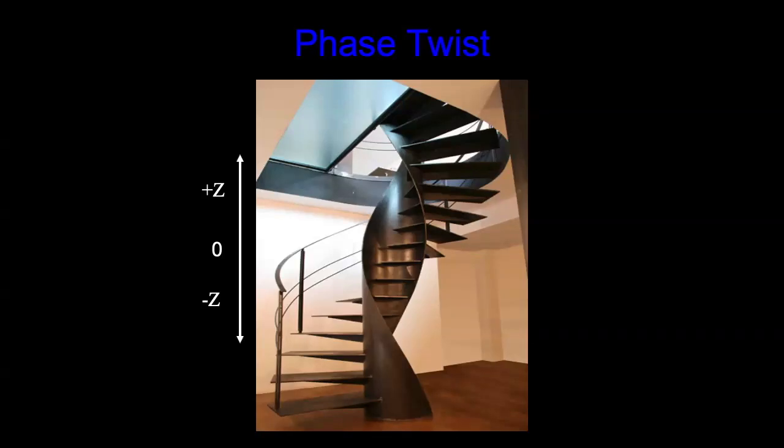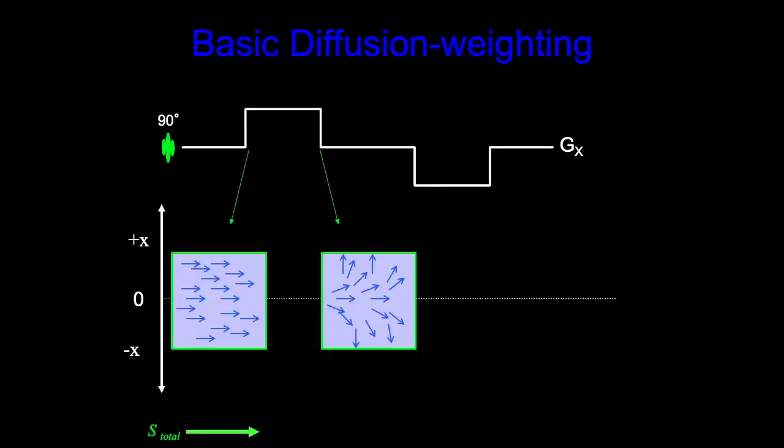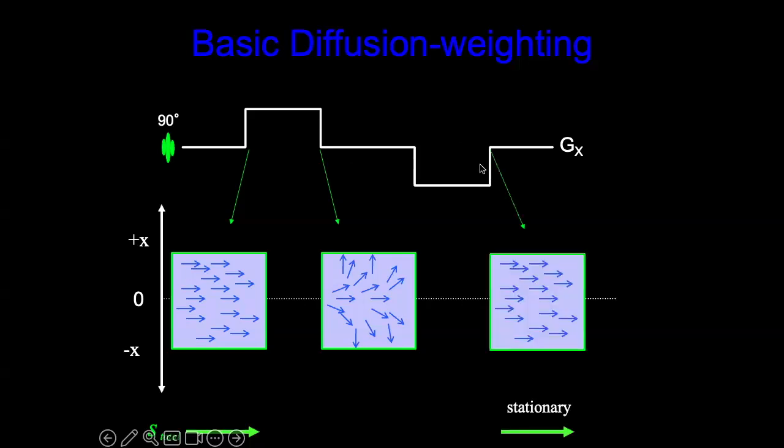Now we're going to turn off the gradient and let some time go and allow these molecules to diffuse, this random motion to occur. This is our diffusion time. And now if I put on an equal and opposite gradient, then anything that has not moved will exactly line back up, and I will regain that net magnetization.